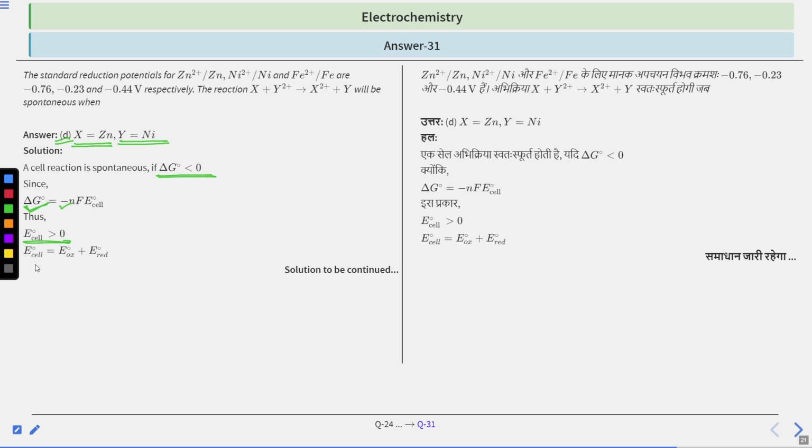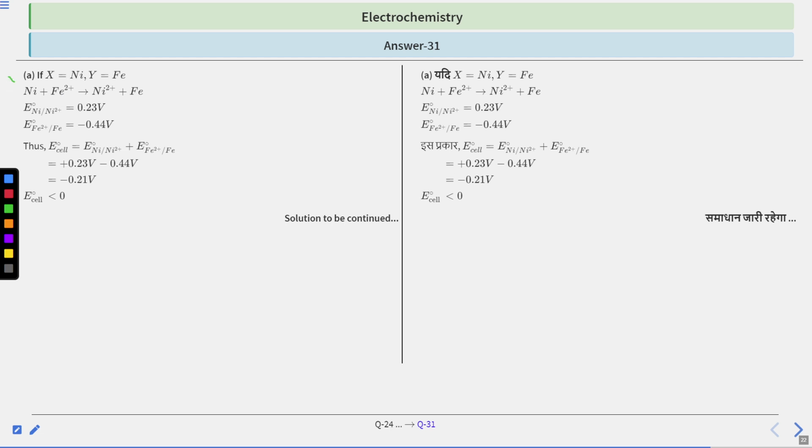So E naught cell is equal to E naught of oxidation plus E naught of reduction. Now let's do it. For option A, X is nickel and Y is iron. Let's put it in the equation. Nickel plus Fe2 positive giving us nickel 2 positive plus iron. E naught for nickel to nickel 2 positive is 0.23 volt.